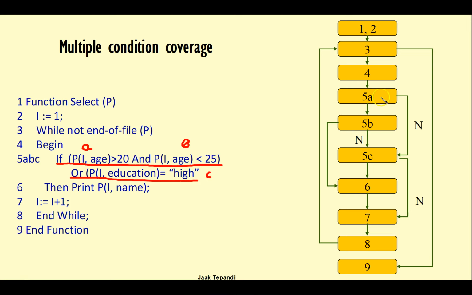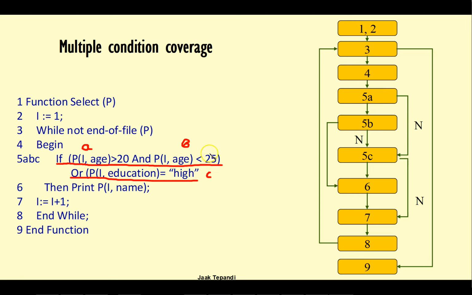From A, if this first part is not fulfilled, there is no sense to compute B, so we directly go to C and compute if education equals high. So this is this branch.